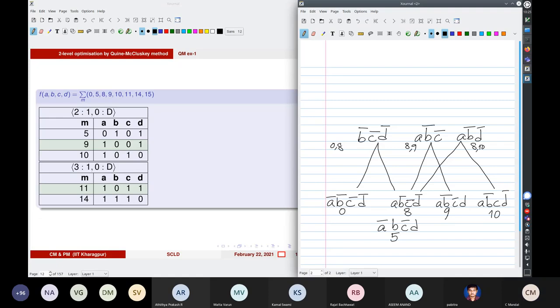We can write 11 somewhere. So 11 is 1011. This is 11, and we can combine 9 and 11.